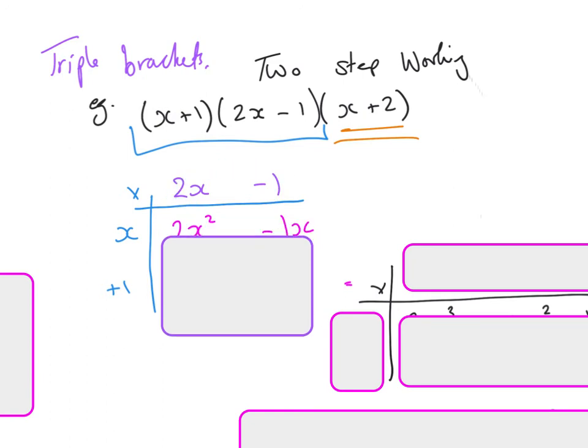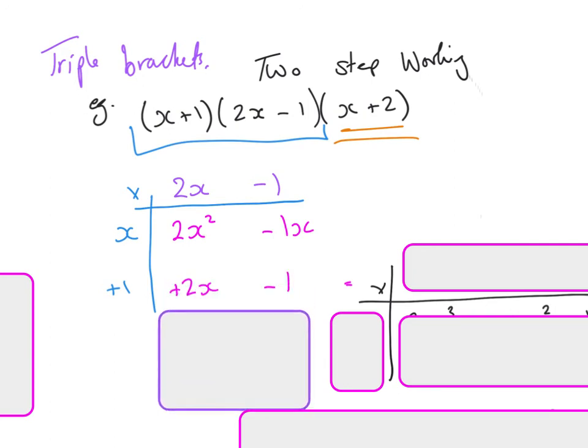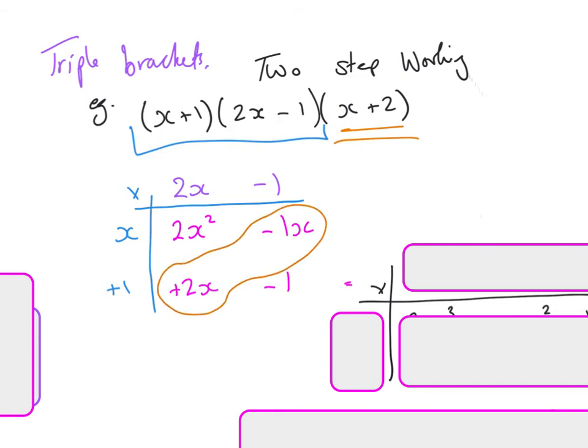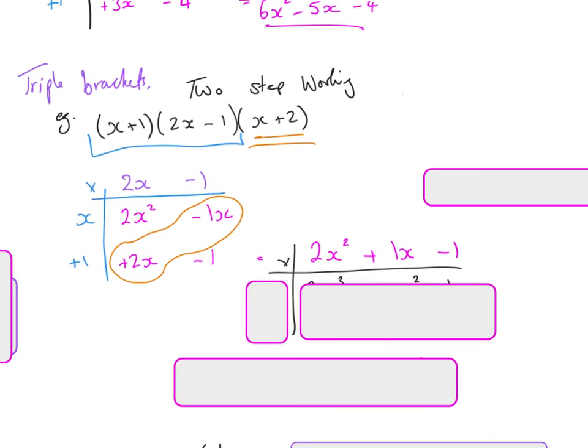That will give us 2x squared and minus 1x, and then 2x minus 1. If we simplify that, I can group together the like terms, and that will give me a positive 1x in the centre. That reduces down to x squared plus 1x minus 1.